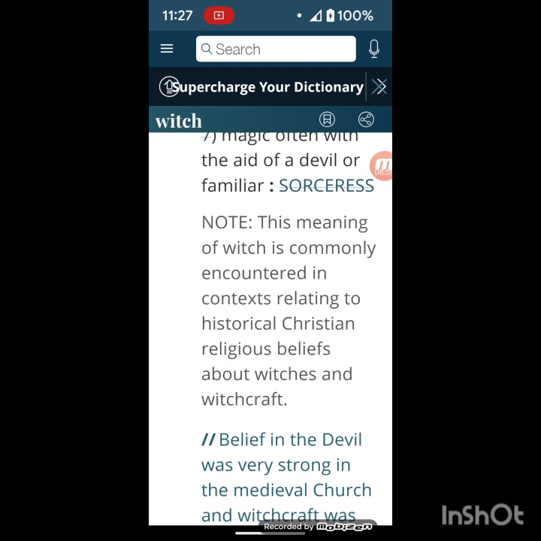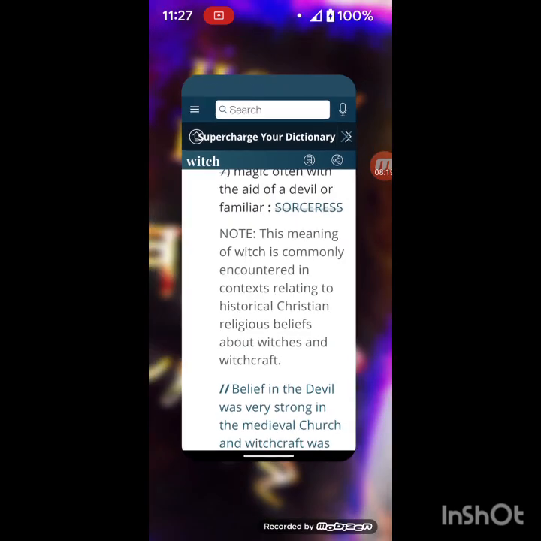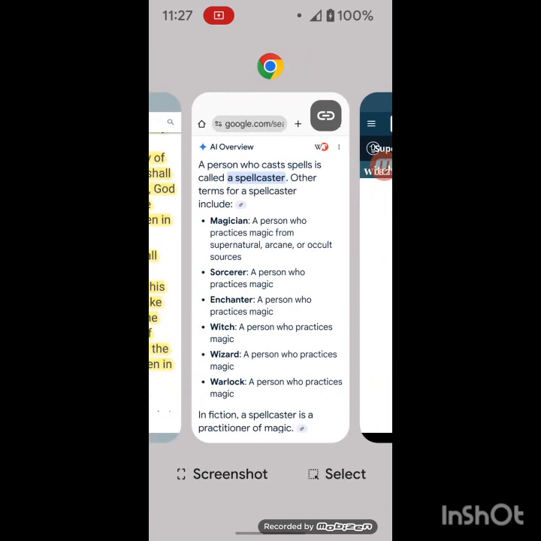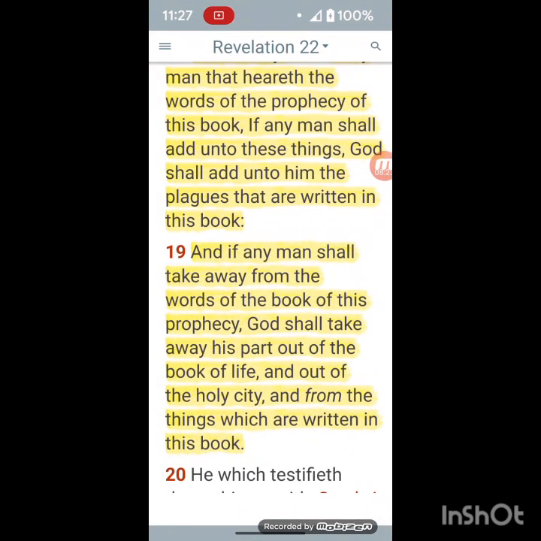Obviously, she doesn't read, because there's an account that deals with familiar spirits in the book of Samuel, where King Saul consulted with the woman who had familiar spirits. I'm gonna go straight to the point to get context.